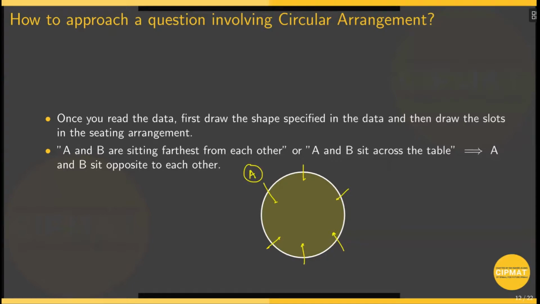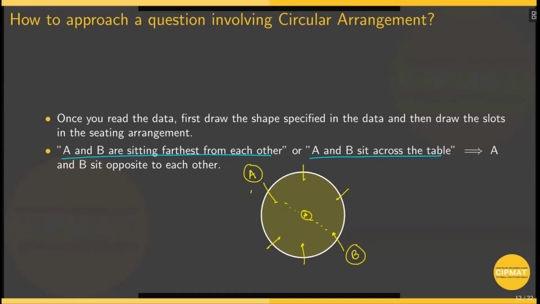If A is taking this place, and A and B are sitting farthest from each other, or A and B sit across the table, then this implies that B is going to sit somewhere over here, directly opposite to A. Diametrically opposite to A in the circular arrangement, not exactly geometrically, but according to the number of people sitting.